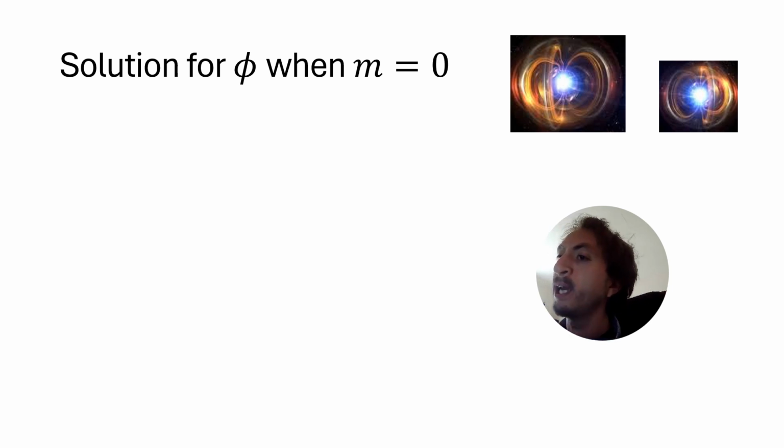So we can now look at possible solutions to this Klein Gordon equation. Now, the first solution is when m is equal to 0. So when the particle this field is describing doesn't have any mass at all.